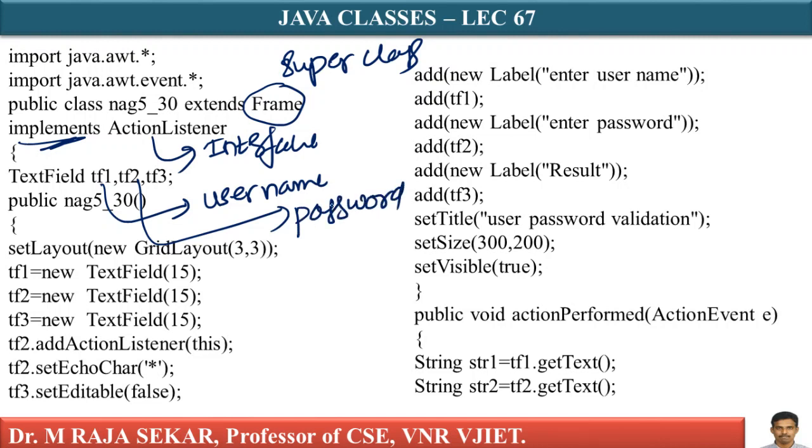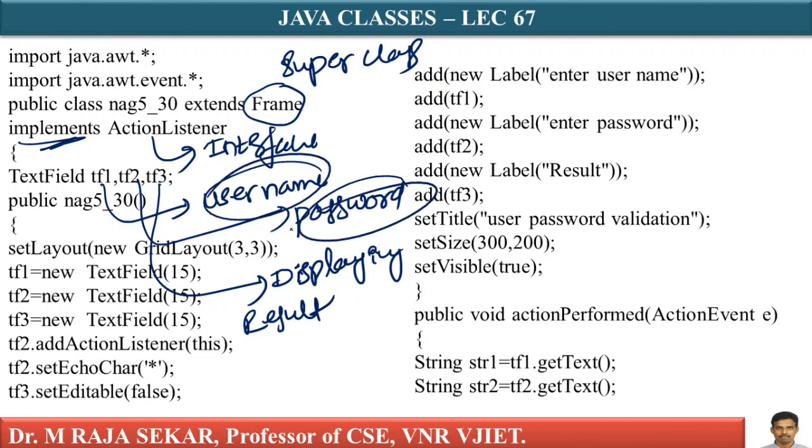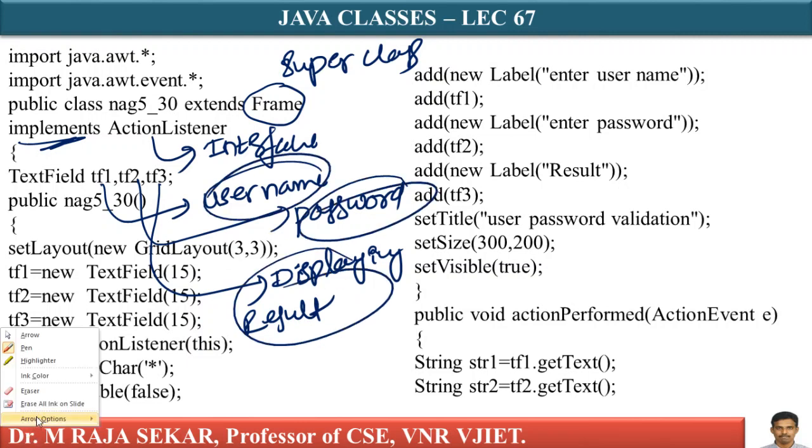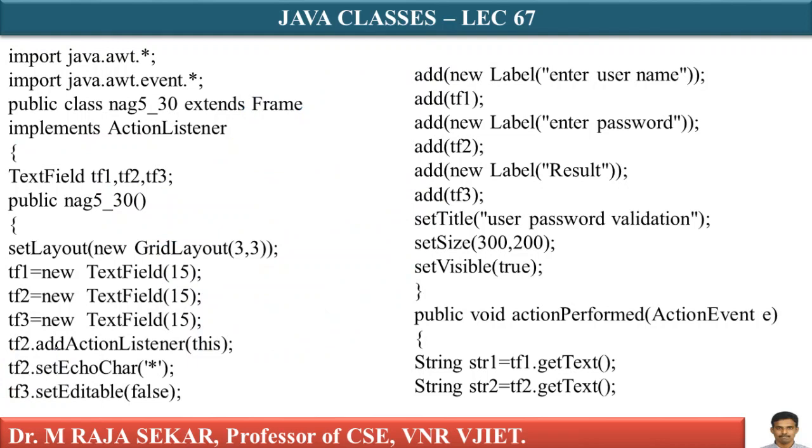And tf3? For displaying result. How many text fields am I using? First text field for username, second text field for password, third text field for result, isn't it?